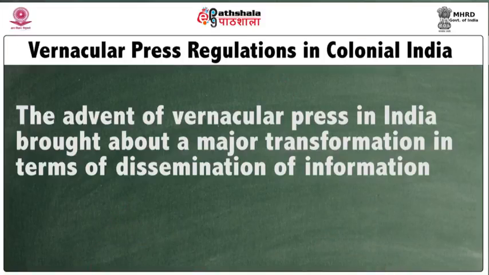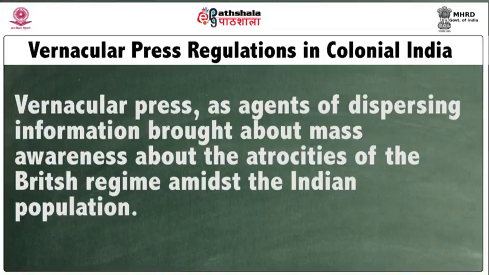The advent of vernacular press in India brought about a major transformation in terms of dissemination of information. Vernacular press, as agents of dispersing information, brought about mass awareness about the atrocities of the British regime amidst the Indian population.